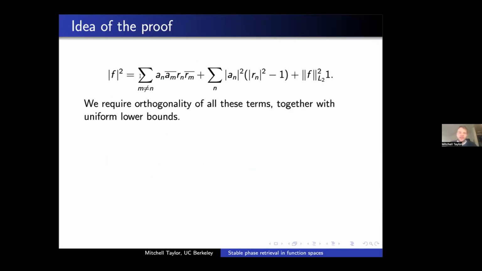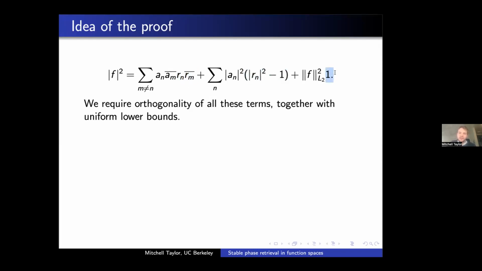Okay, so I copy this on the next slide. The idea of this proof is, let's put conditions onto these products that make this series here also an orthogonal expansion. So let's assume these functions r_m r_n bar for all m not equal to n are all orthogonal.